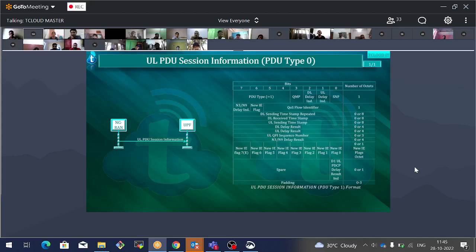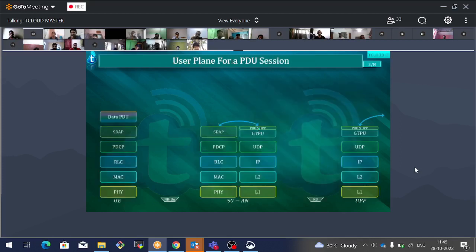Those are the kind of details that are added by the 5G AN node, which is your Gnode B, when it is receiving uplink traffic and pumping it into GTPU. Before it is pumped into GTPU, this header will be prepared by noting down all those timer related information and the QFI number, quality of service flow ID number. Then it is packed into GTPU and sent out.